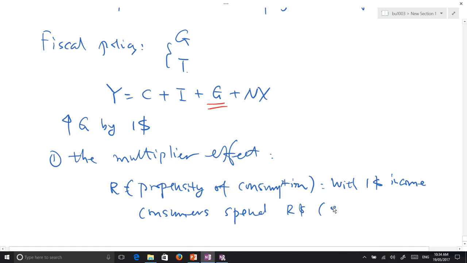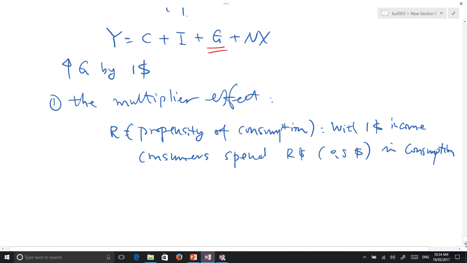R, for example, is 0.5 in consumption. So we call this the propensity to consume. So let's suppose R is equal to 0.5. Then given the initial government spending of $100, eventually aggregate demand increased by $100 divided by 0.5. This is similar to the money multiplier that we see in the money creation process. So it's $200. So the aggregate demand increased by $200.